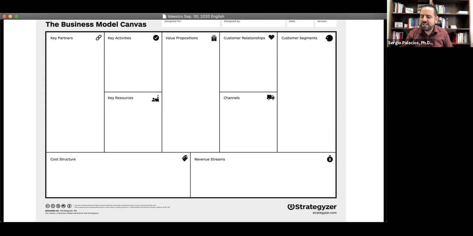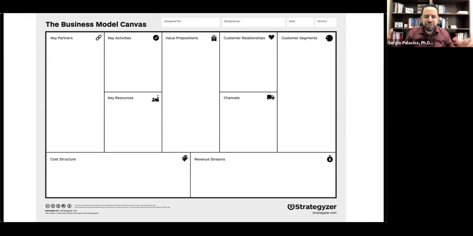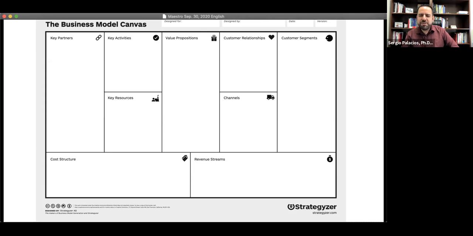Tesla, for instance, when they started with the Tesla Roadster, which is the sports car, the very first one, they sold it to males about the age of 40, 42, making at least $125,000. So that was a very specific customer segment. So the first tip I like to give you is the more specific you are, the better information you will receive from them.